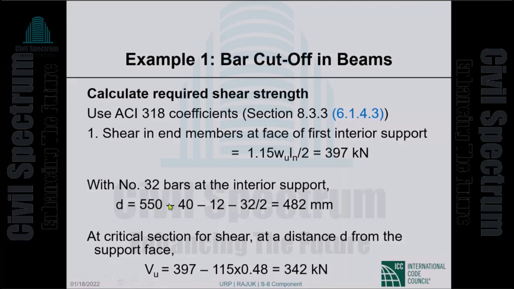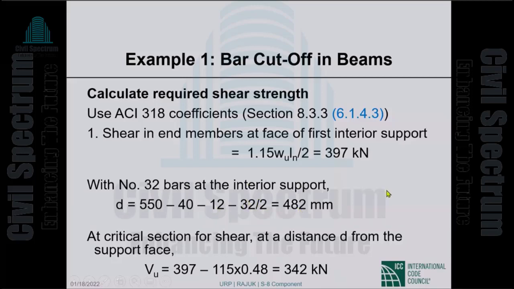With number 32 bars at the interior support, the effective depth is 550 total depth minus 40 millimeters of clear cover minus the diameter of the 12 millimeter tie or stirrup, minus half the diameter of the longitudinal bar.